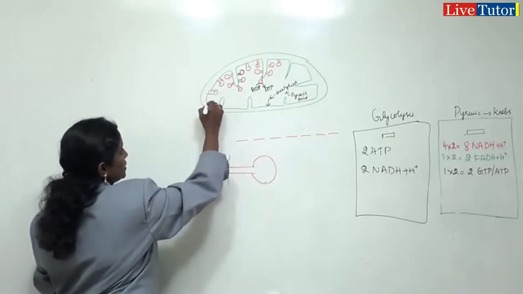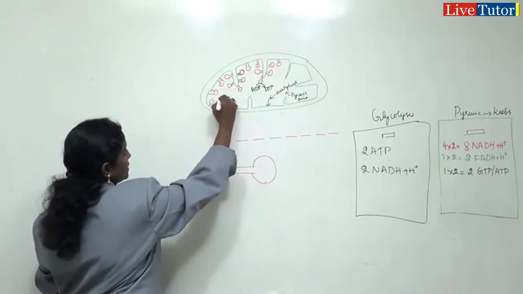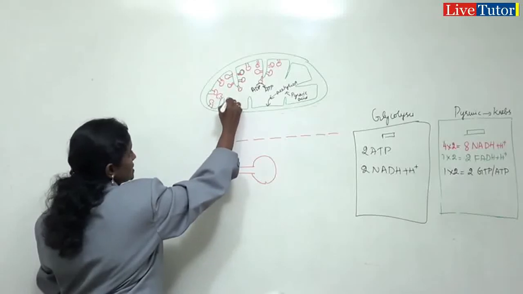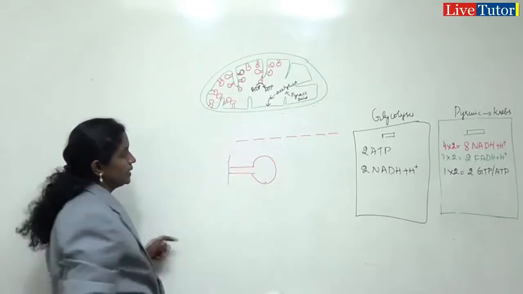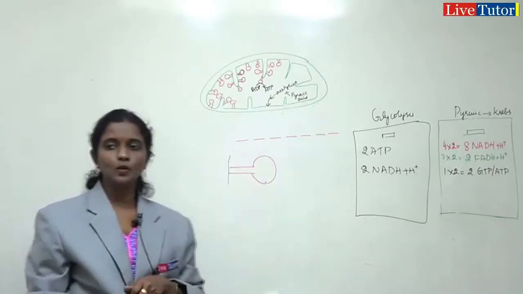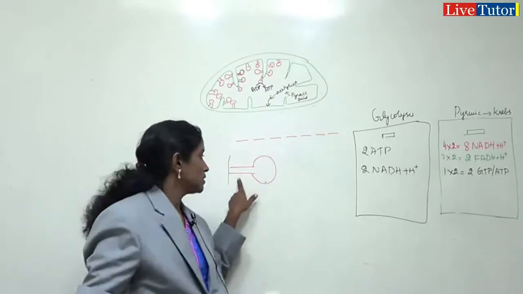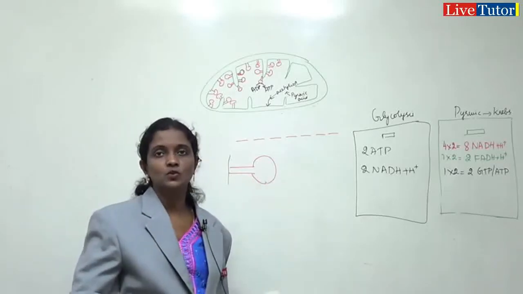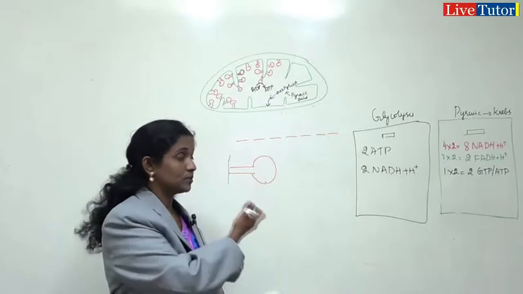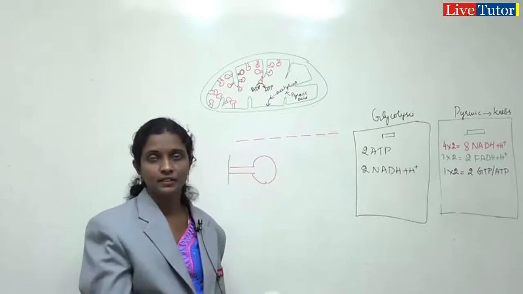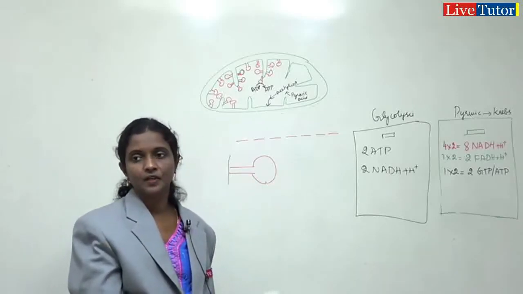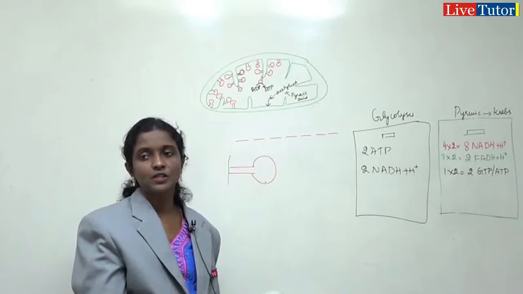It is present throughout the inner membrane of mitochondria, in an equidistant way. What do we call the stalk and the knob? Because all this we are going to take there, to the inner membrane of mitochondria, cristae.